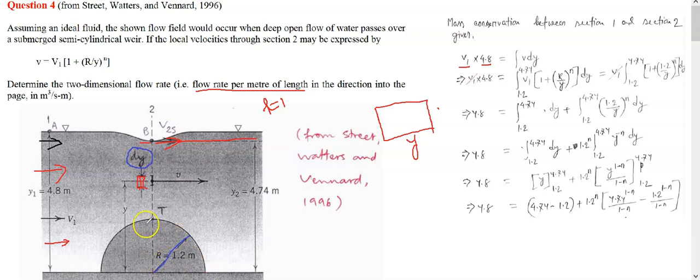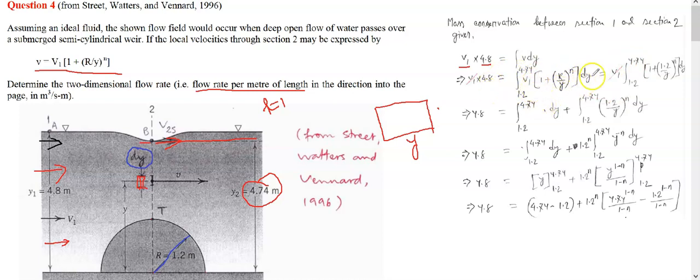This is the lower limit for this case, and the upper limit is given as 4.74. So we put in these limits, 1.2 and 4.74. The velocity profile for section 2 is given as v equal to v1 times (1 plus r over y) to the power n. We will substitute that velocity profile, 1 plus r over y to the power n, dy.